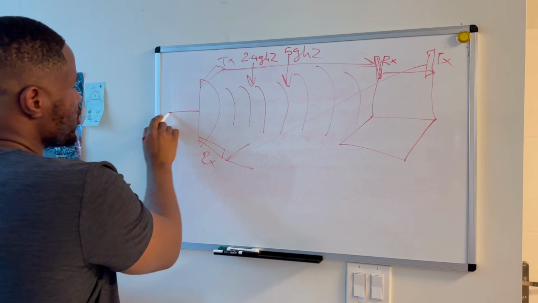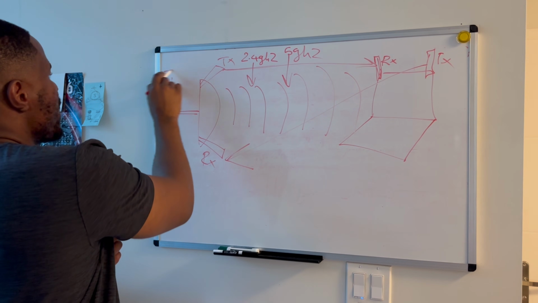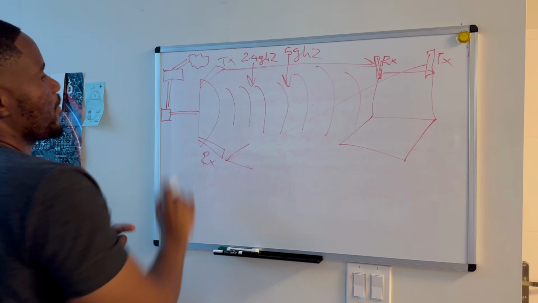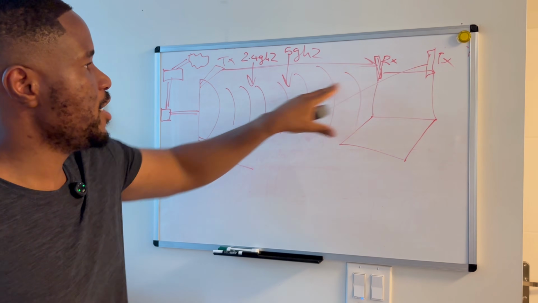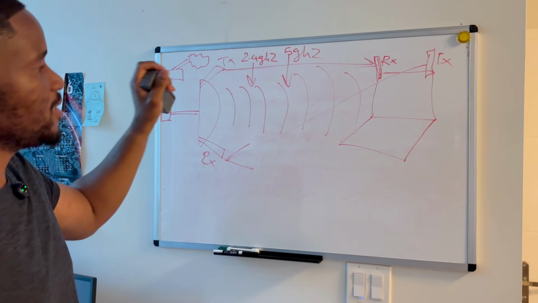Most access points are connected to a switch. And that switch is connected to a router. And then that router is connected to your internet. So the Wi-Fi signal will hit this device, transmit to your access point, go to your switch, and go to the internet.